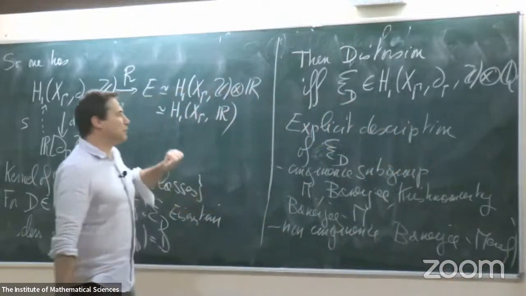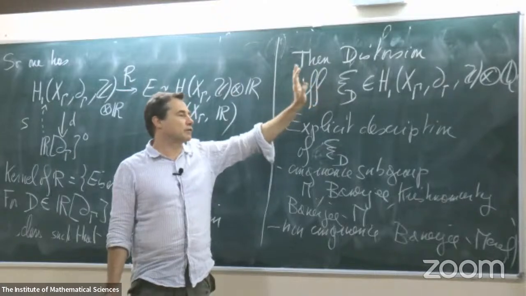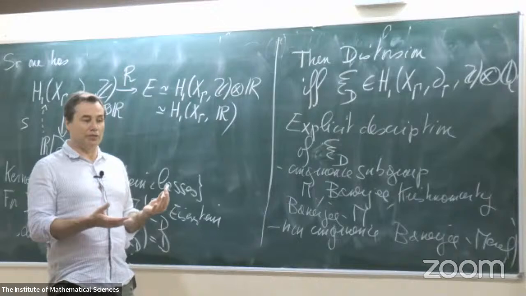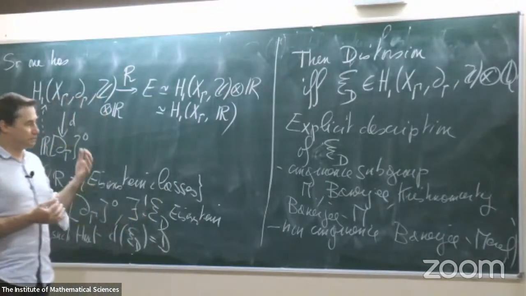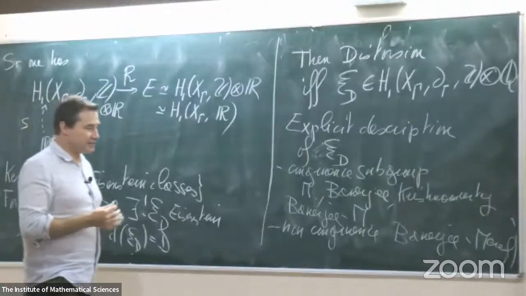But next time, I will give the proof of Manin-Drinfeld that these objects are torsion. And also, I'll try to give some perspective about the meaning of the Manin-Drinfeld theorem and also Baker's theorem, in fact. Okay, thank you very much.